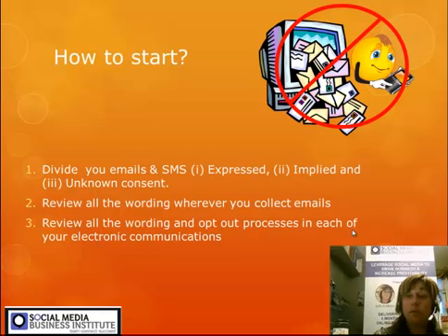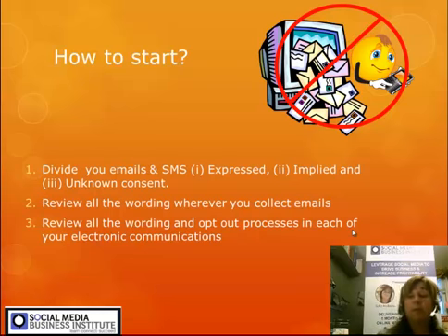Now, with those implied ones, CASL will give you 3 years to turn them into express. What happens with implied after July 1st is, say this is 2016, and you now have some implied consent by someone because they're a client of yours, or you've met them at a conference and you've got their card, but you didn't say the words, I am now adding you to my list.